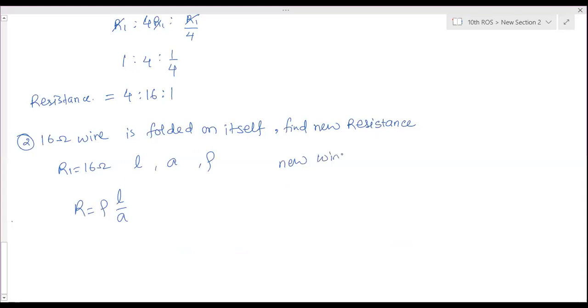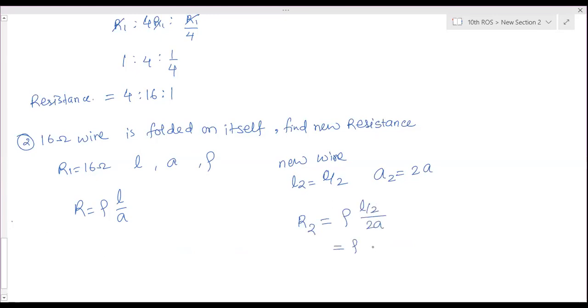Now in the new condition, the wire is folded. Folded means the length decreases to L by 2 and the area will be 2A. So R2 is equal to rho into L by 2 divided by 2A.